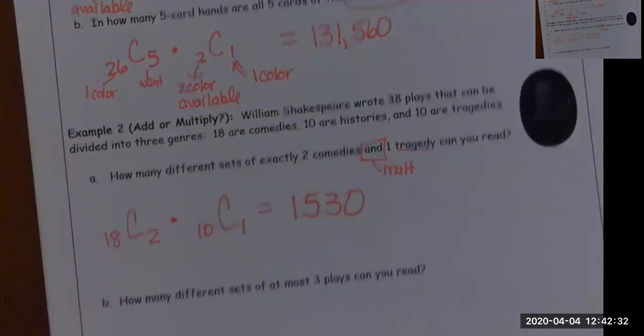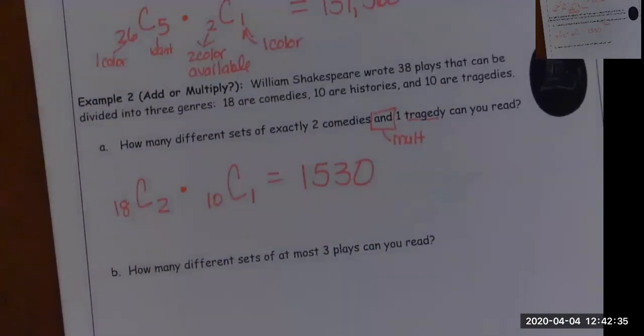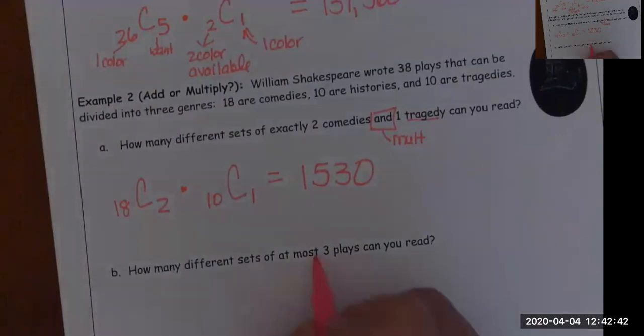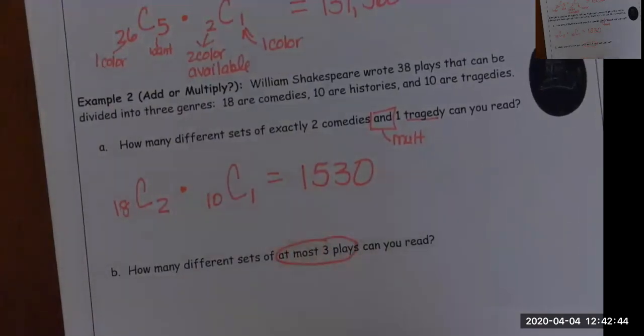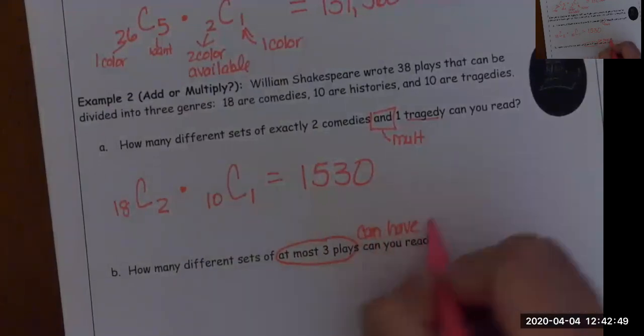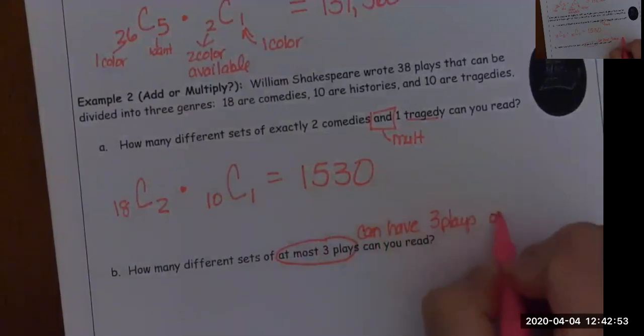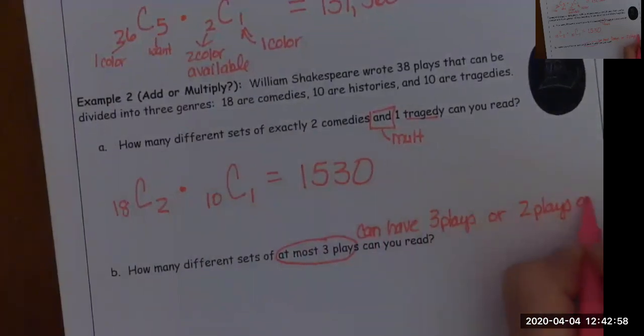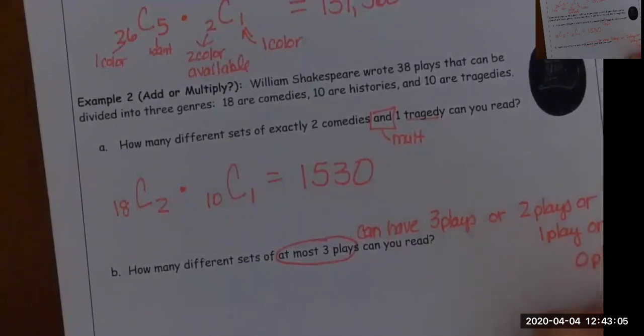There you go. How many different sets, at most 3 plays, can you read? Okay. At most 3, what does that mean? Means you can have 3 plays or 2 plays or 1 play or no plays, right?